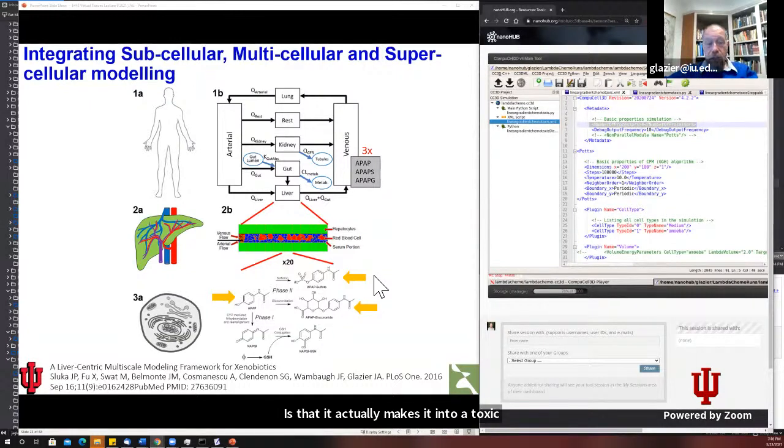And so while acetaminophen itself, APAP, is relatively non-toxic, one of its breakdown products, called NAPQI, is very toxic.